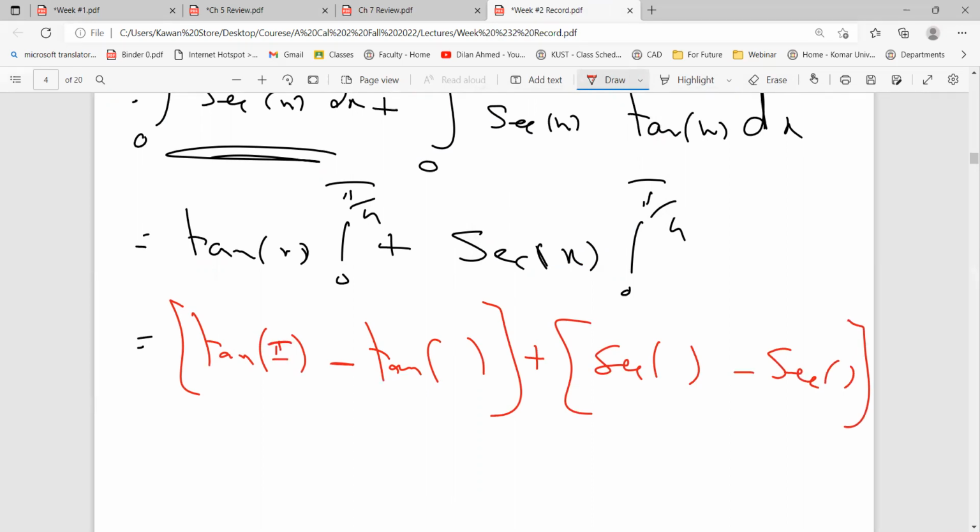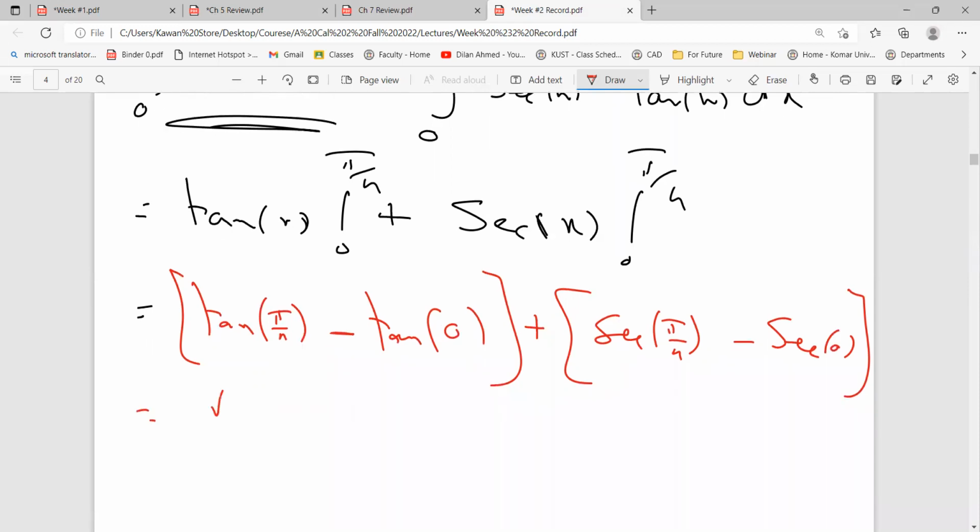Pi over 4, 0. Tan of pi over 4, tan of 0 is 0. Secant of pi over 4, secant of 0, cosine of 0 is 1. So 1 over 1, 1.